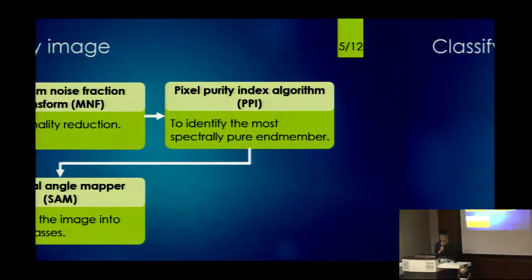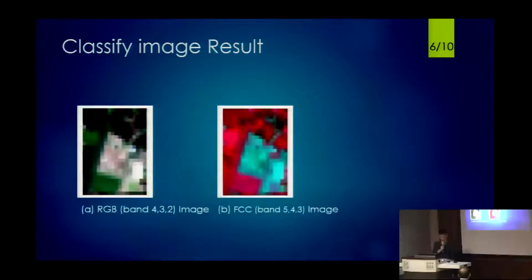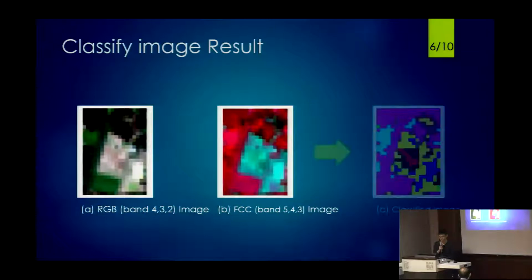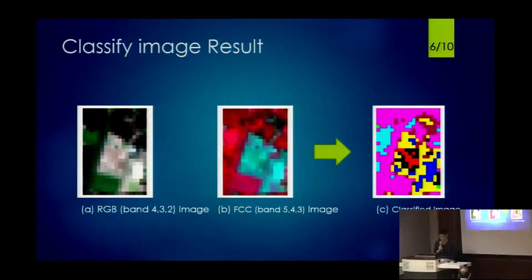So this is an example. First, we have the RGB image, which is a full color image, and the second is a false color image. And we can have this classified image. Every color represents different classes.